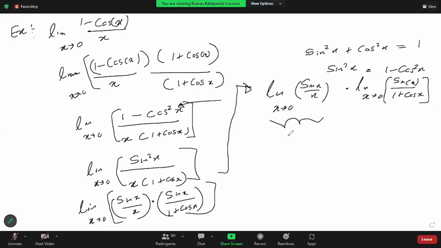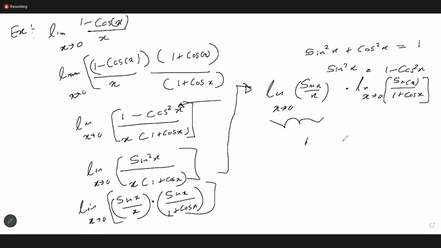Sin x over x when x approaches 0 is what? 1. Can directly use it. Then in here, do you have any problem finding the limit? Just apply and see if there is any problem. What happened to the numerator and what happened to the denominator?